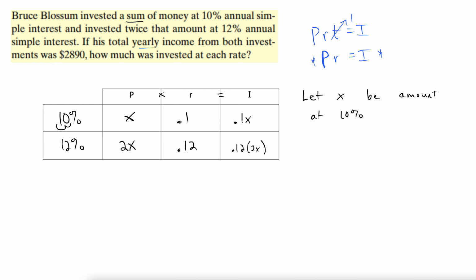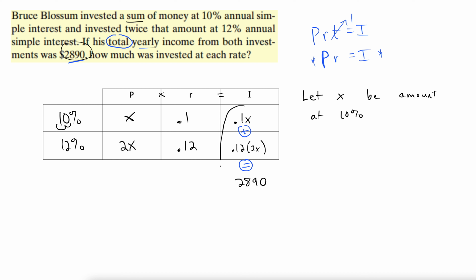What they give us here is the total. The total yearly income is this much. Total means add, right? We're adding all the stuff together to get the total. So we add these two together, and it gives us this total interest, $2,890.